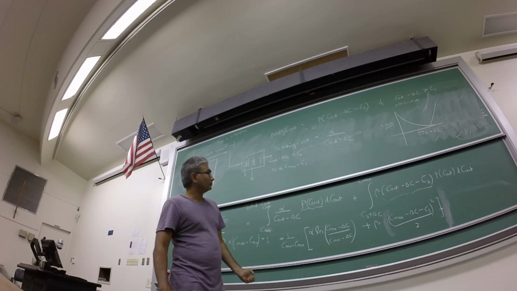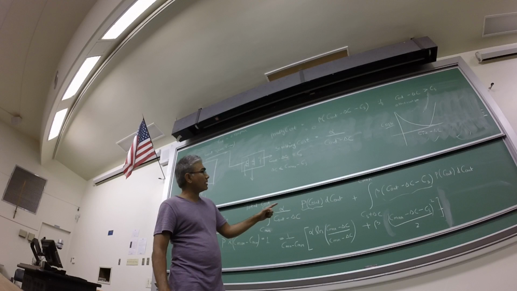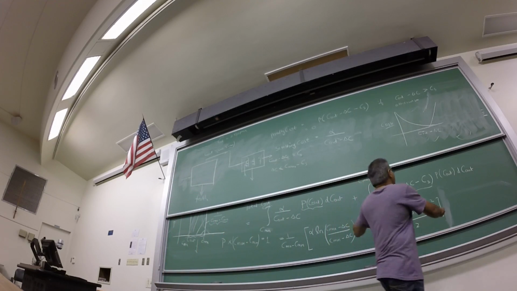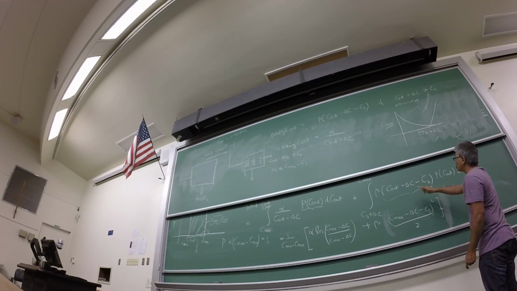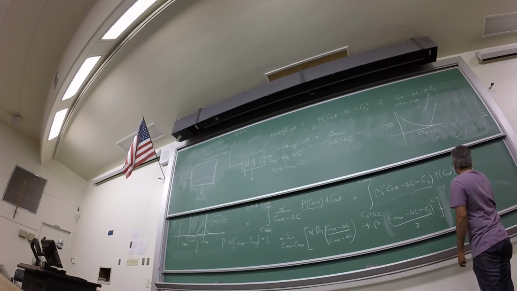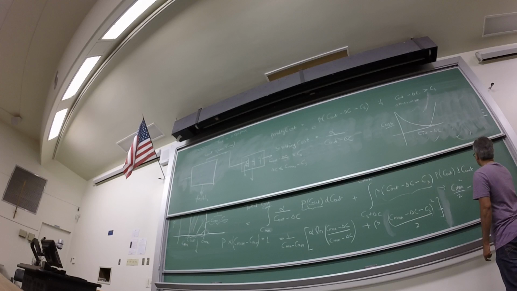I thought you said P. C out minus delta C minus CS whole square over 2. C max. I think it's okay. Well, I can do it slowly if you want. So it will become C out. So C out squared over 2, right? So that will be C max squared over 2 minus CS plus delta C squared over 2.